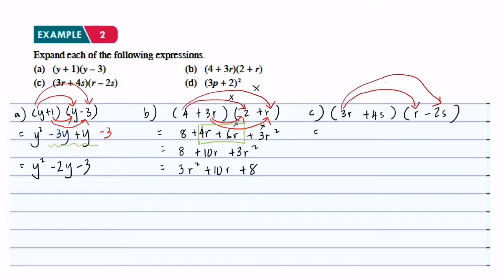So 3r times r equals 3r squared. 3r times negative 2s, positive times negative equals negative, right? So you put negative, and 3 times 2 is 6. r times s is rs.